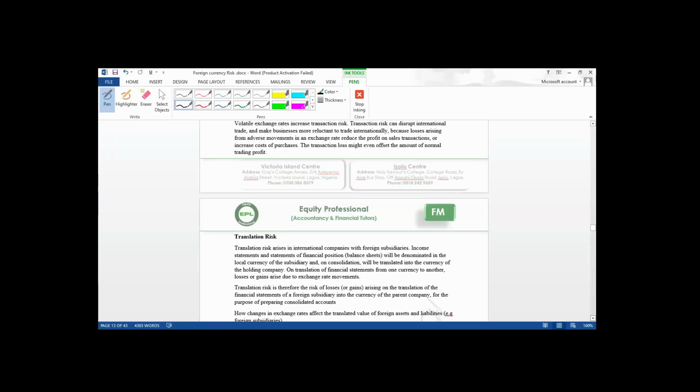The income statement and the statement of financial position of the foreign subsidiary will be denominated in the local currency of the subsidiary.